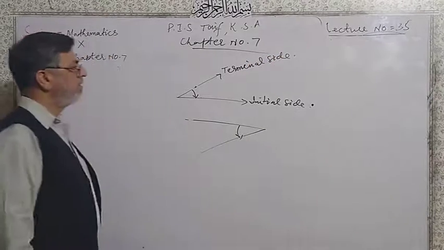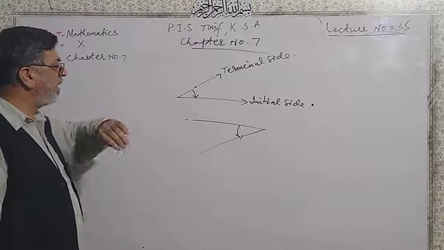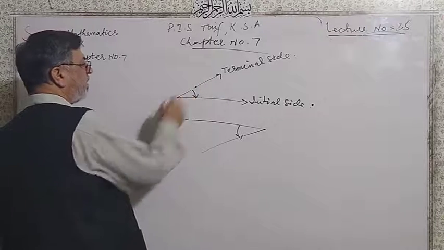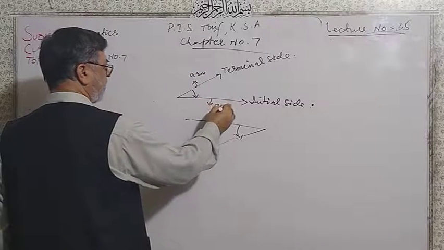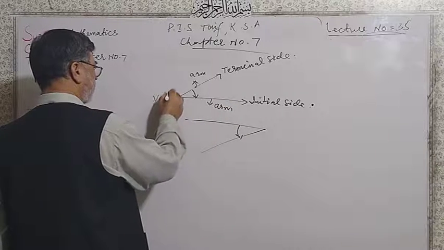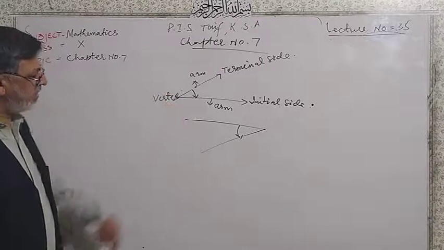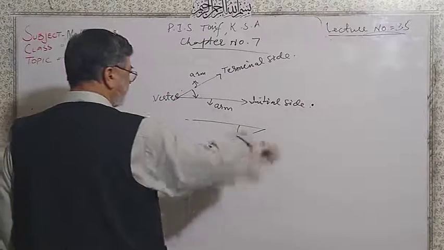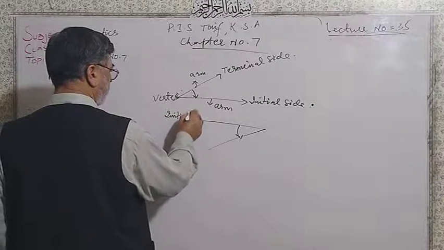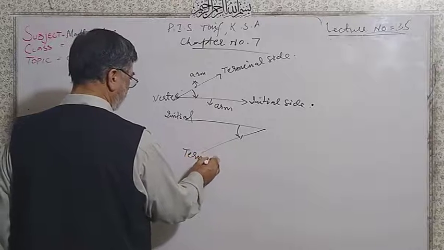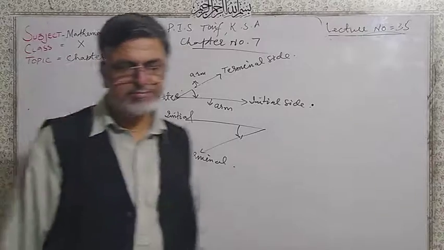Remember that this is the terminal side of the angle and this is the initial side of the angle, and this is the common vertex. This is an arm of the angle, this is an arm of the angle, and that corner is the vertex. So this is clockwise rotation and here it is anti-clockwise rotation. This will be the initial side and here is the terminal side. I hope that you understood this.